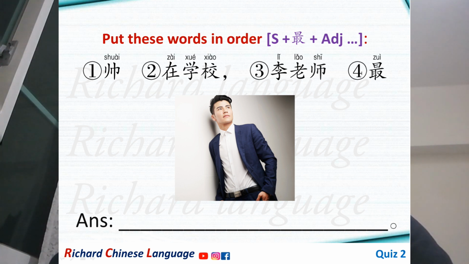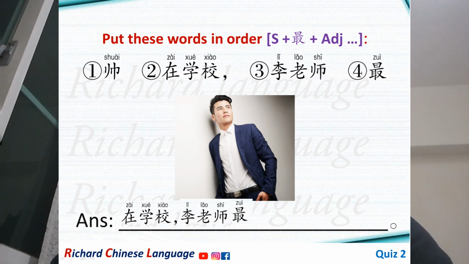Okay, very good. First of all, we say the place, okay? So that's number 2, 在学校. And then a subject, right? Where is the subject? Very good. That's number 3, 李老师. And quickly we use 最. Okay, so number 4, right? 最.